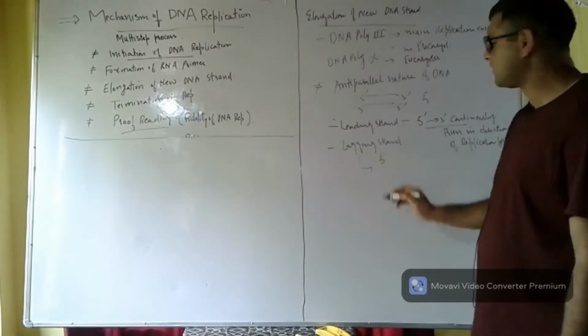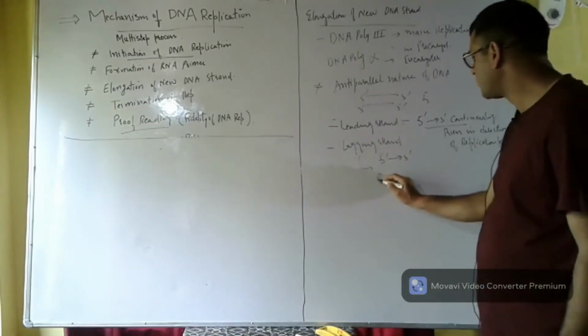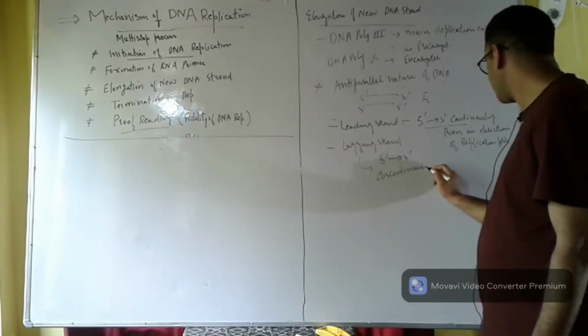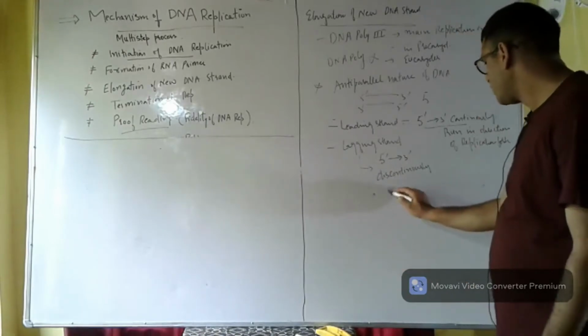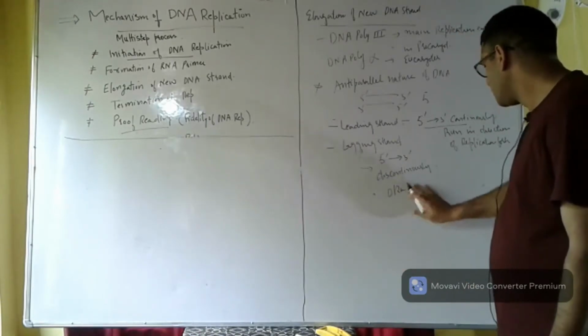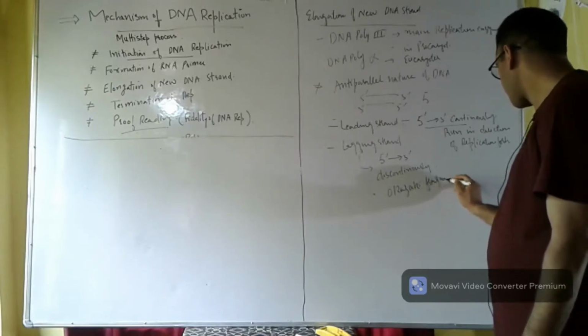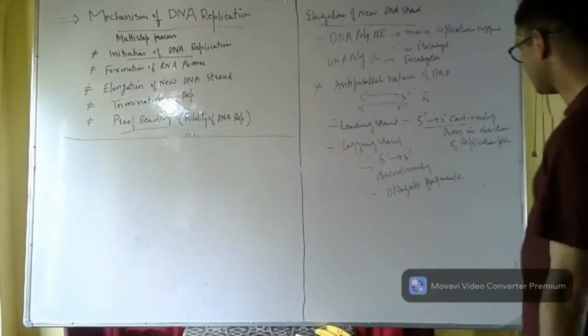Its synthesis also takes place in the 5' to 3' direction, but it is synthesized discontinuously and in short segments called Okazaki fragments. And each Okazaki fragment has an RNA primer.